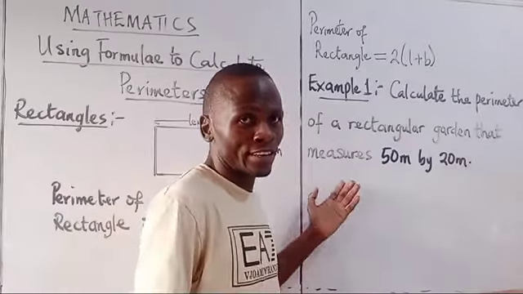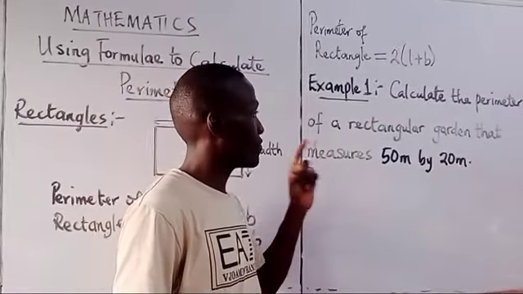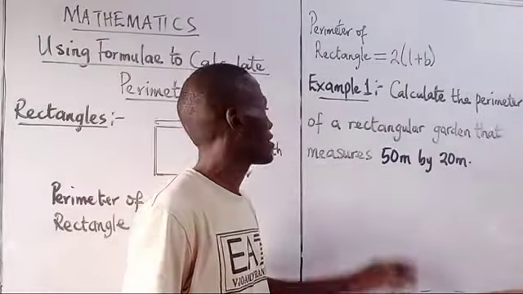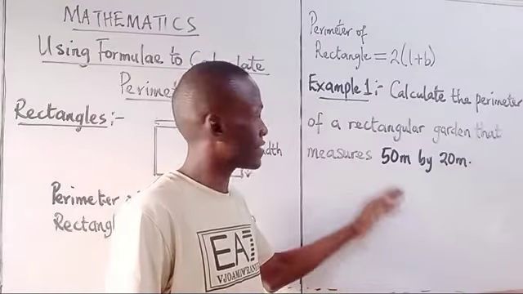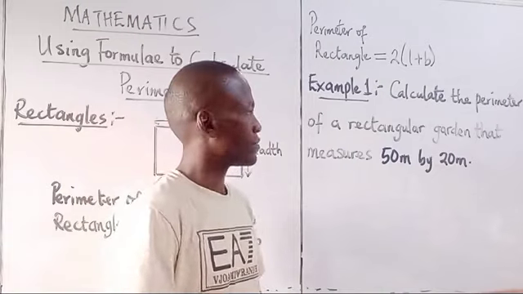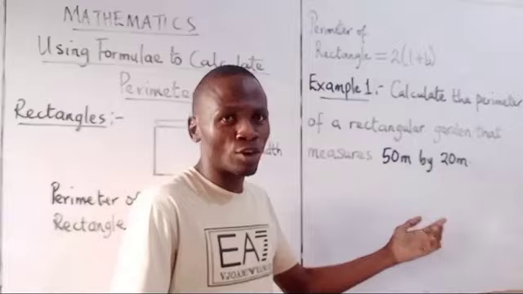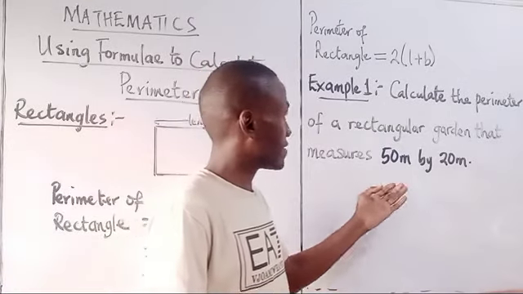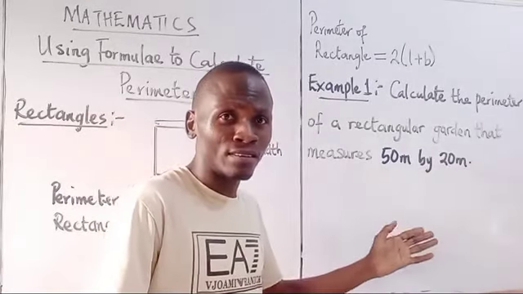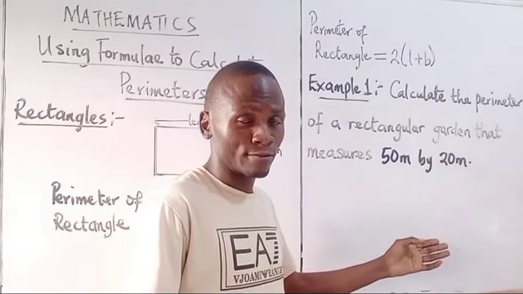Okay, this is an example on the board. Calculate the perimeter of a rectangular garden that measures 50 meters by 20 meters. Okay, for those who don't know, it is important we understand that the values given us here represent our length and our breadth.